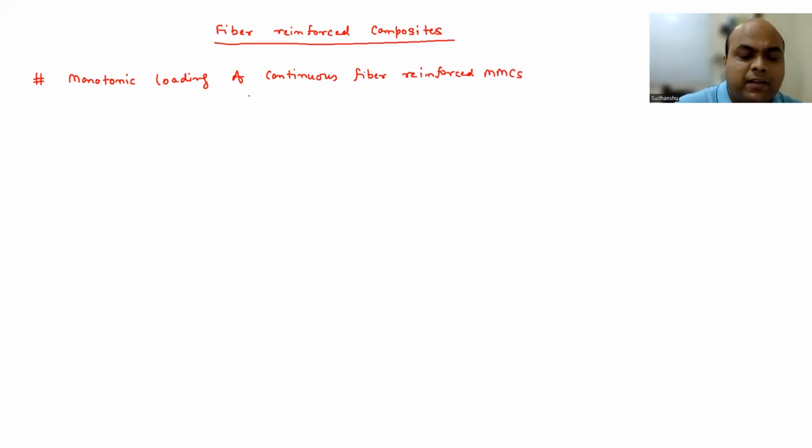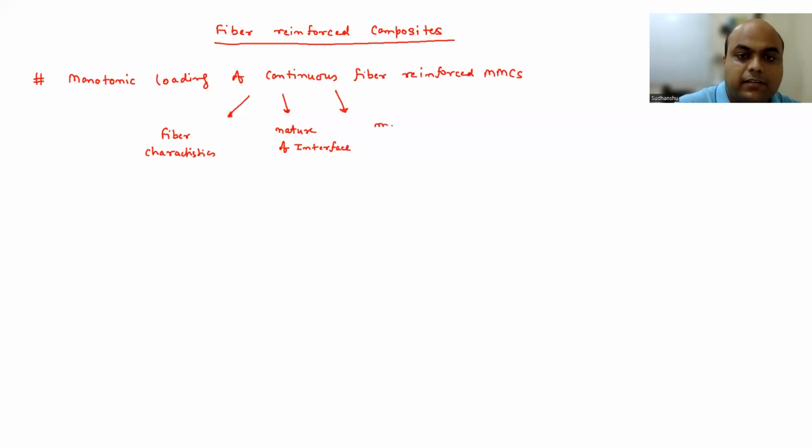Now it depends upon three factors mainly. The first one is obviously fiber characteristics. The second is nature of interface.